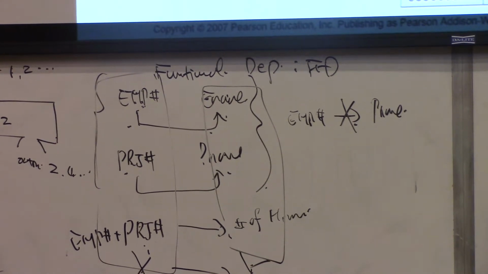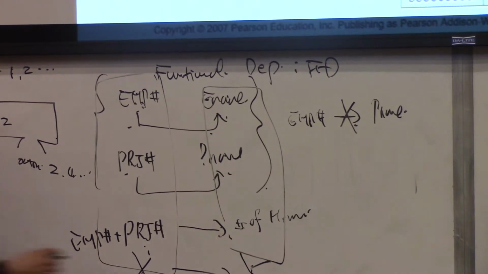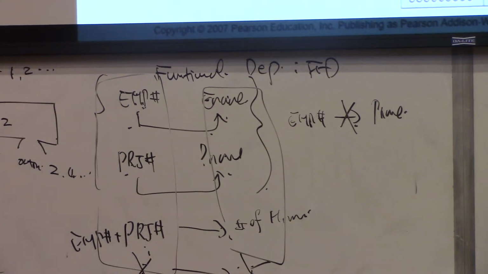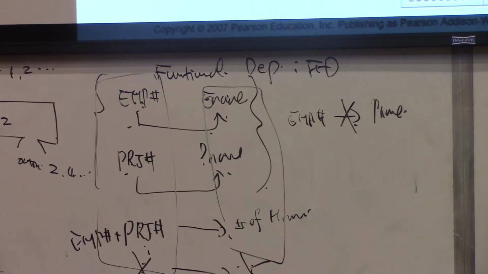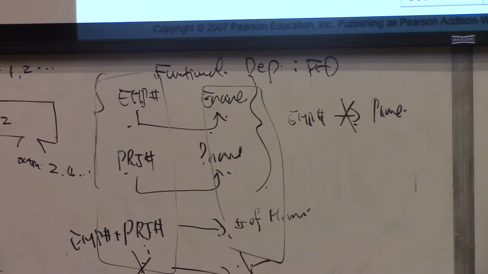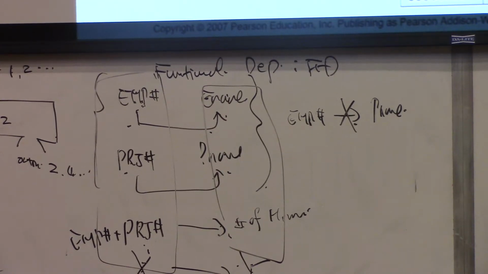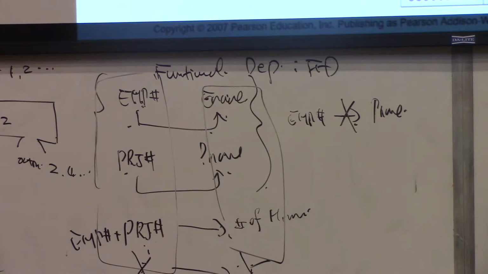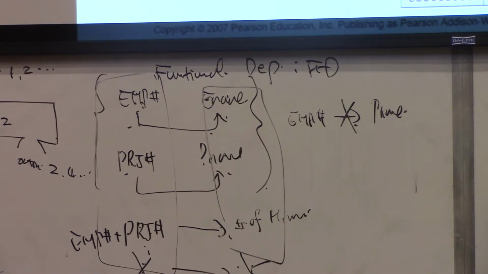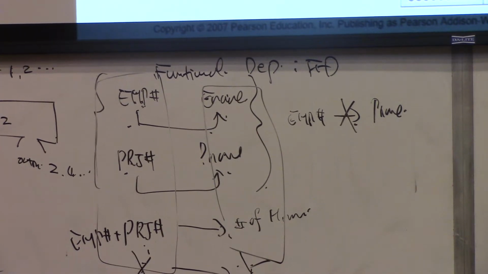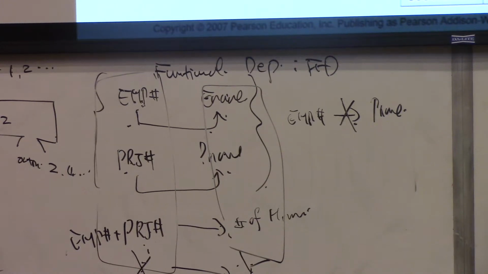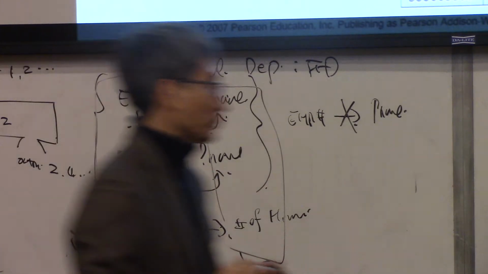Okay, so this is called the functional dependency. So X determine Y. So problem is whether we can find such a functional dependency or not. So this is to convert informal way to the formal way. So whether we can find the functional dependency. Okay.